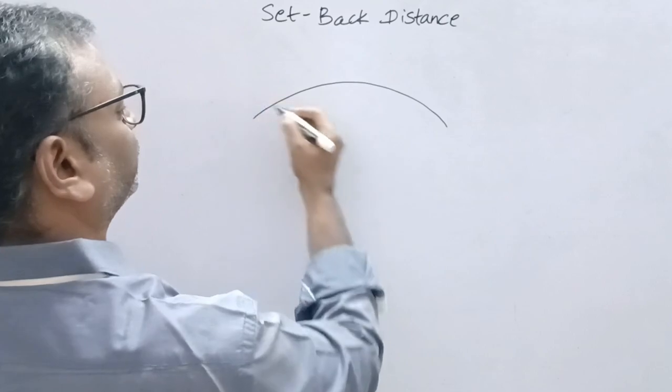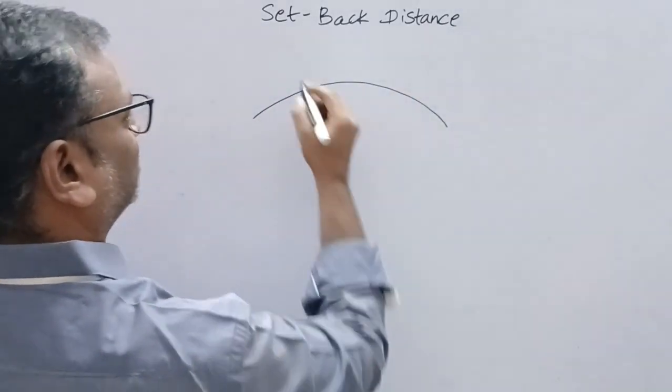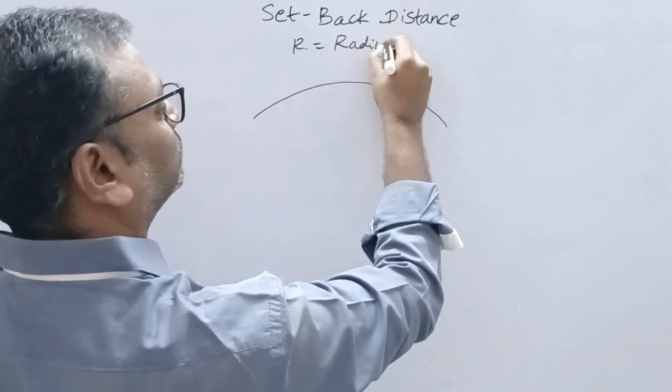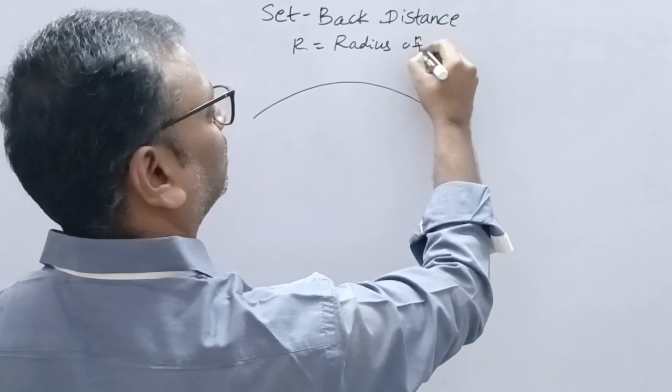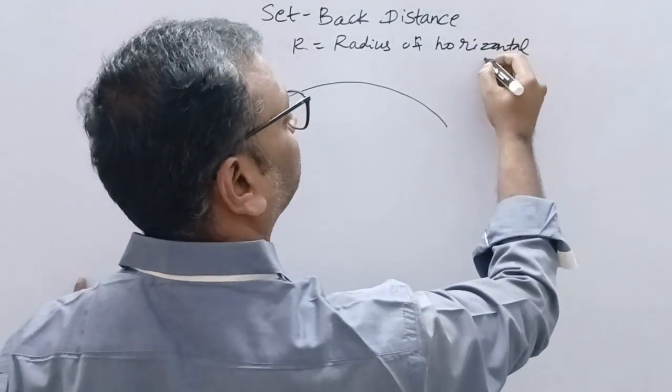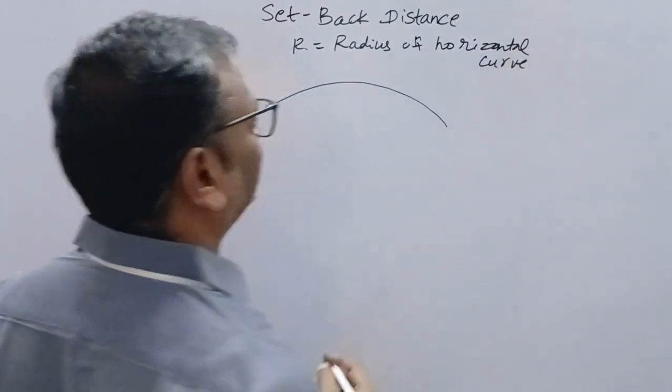Suppose R is the radius of the horizontal curve. Of course we don't need the data of the radius here.